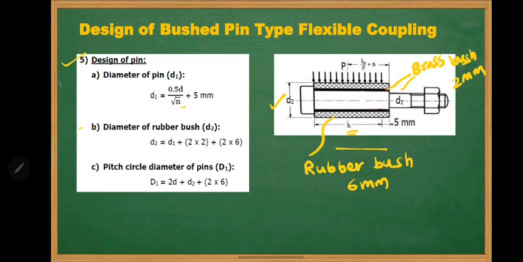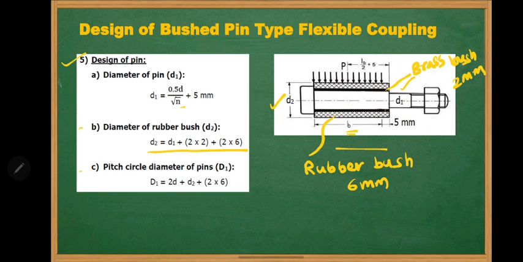So here you have to calculate the outer diameter of the rubber bush, that is this D2, which is nothing but D1 plus 2 multiplied by 2. So what is this 2 multiplied by 2? The 2 mm brass bush from both sides, this 2 mm and this 2 mm, therefore it is 2 multiplied by 2, plus the rubber bush on both sides, that is 6 mm and 6 mm, so it is plus 2 multiplied by 6. So the D2 is calculated by using this equation.